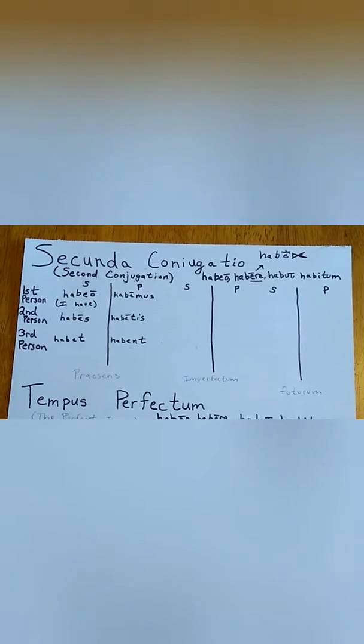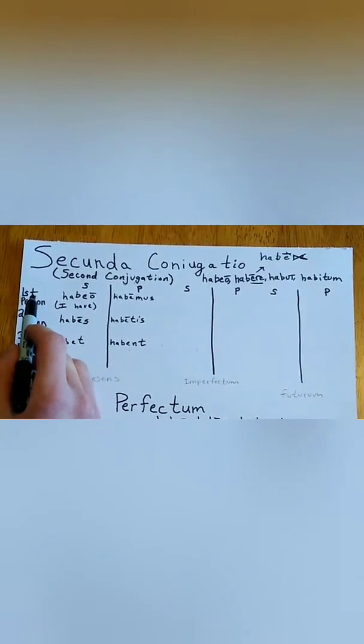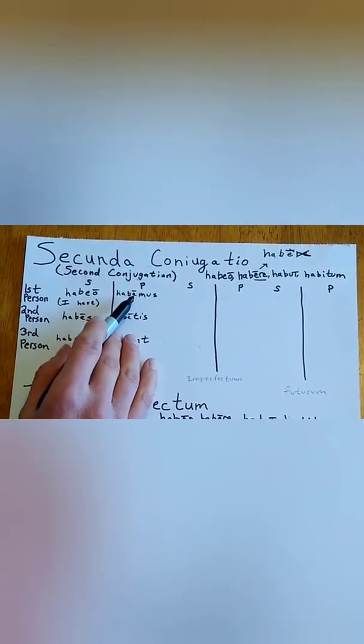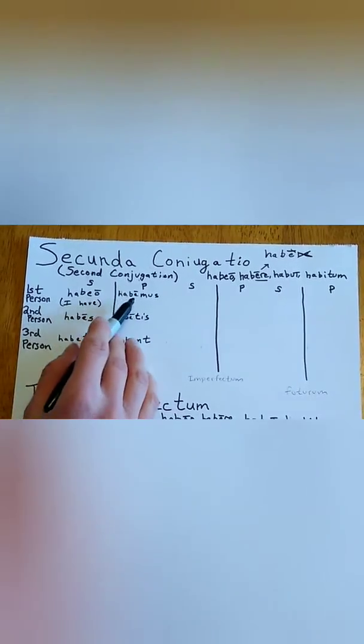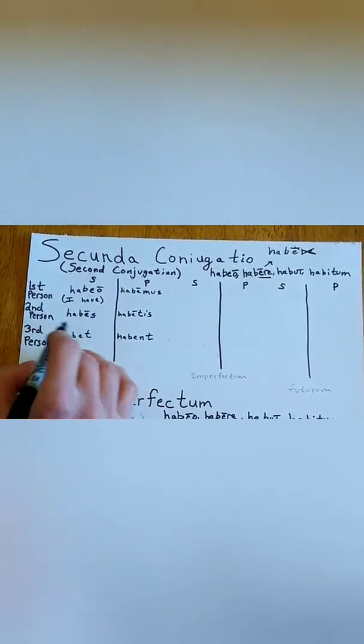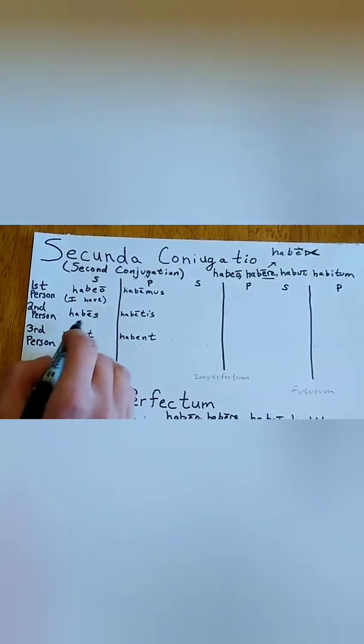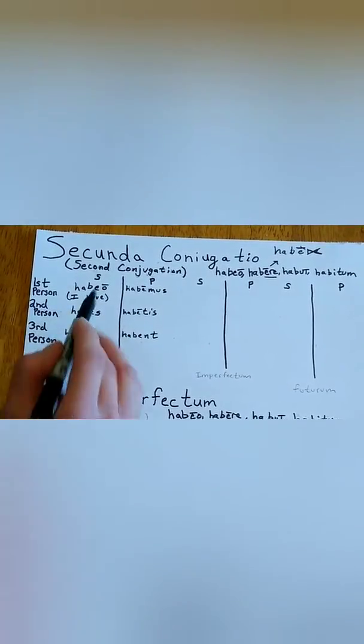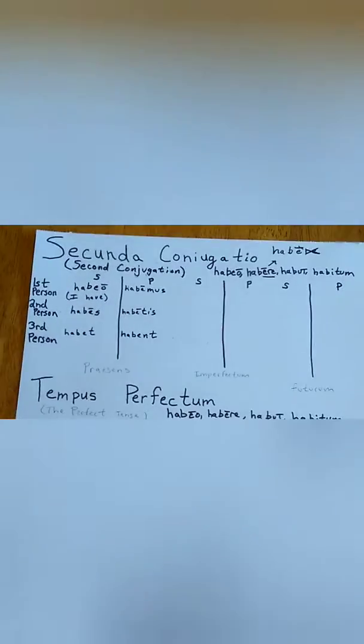And you'll notice that the first person, in the vowel before the ending, there is a long mark. So over that E, there's a long mark. In the second person singulars and plurals, there's long marks over that E and that E as well. But in the third person, there are no macrons.